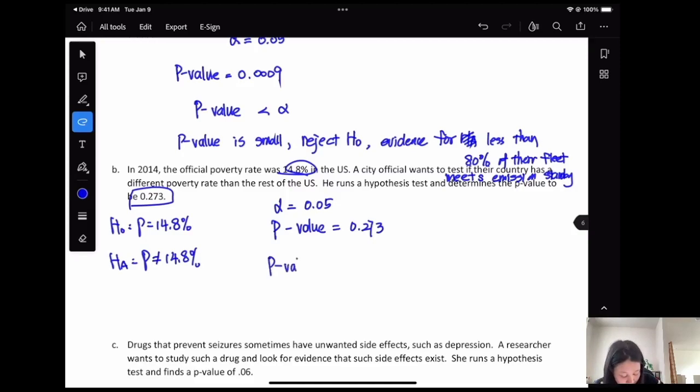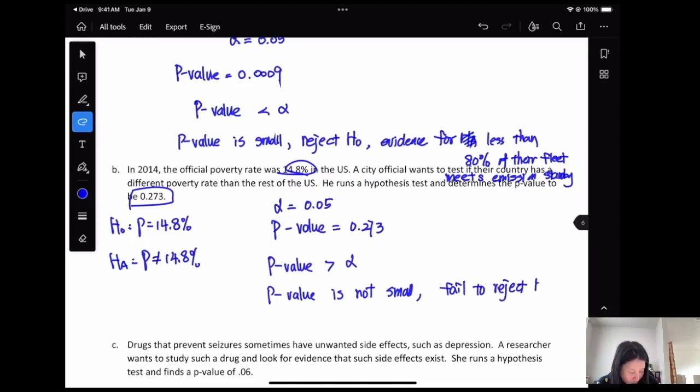So our p-value is greater than alpha. That means the p-value is not small. So that means we fail to reject the null hypothesis. So we don't have enough evidence for the alternative hypothesis.